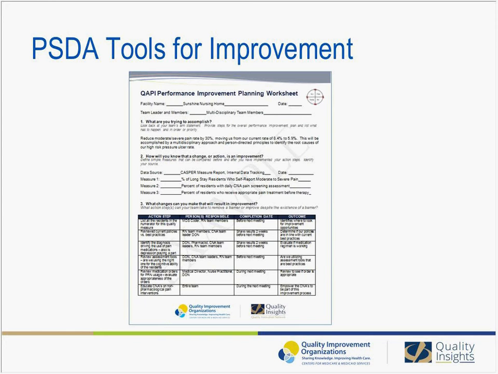Another tool that we can provide to you is for when you have to demonstrate your action steps for improvement. We have a sheet already built in that covers this PDSA improvement cycle. In the particular example you see in front of you, the data source does come from the CASPER measure, which responds fairly quickly to all of your improvement activities, so it is totally appropriate to use this to track your improvement.